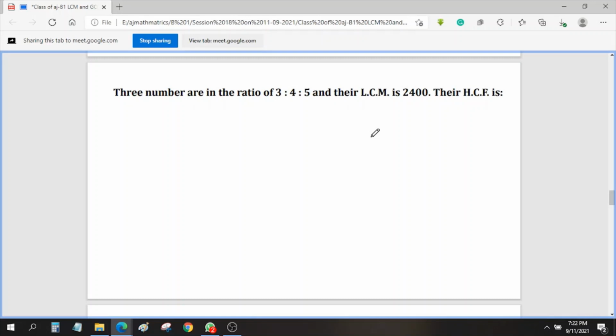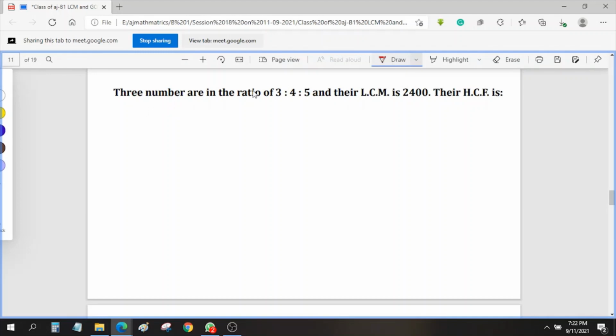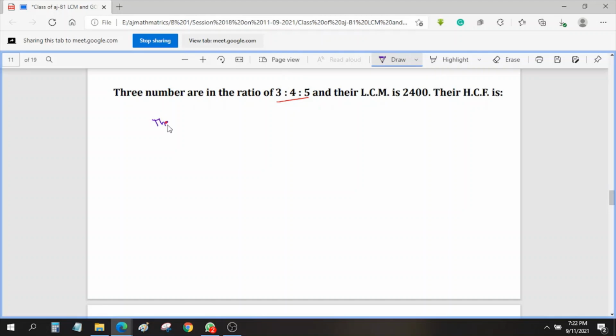There are three numbers. The ratio of the numbers is given as 3 is to 4 is to 5. We already discussed ratios clearly. So if the ratio is given as 3 is to 4 is to 5, we can consider the given numbers as 3x, 4x and 5x.